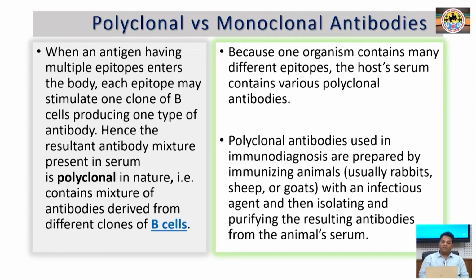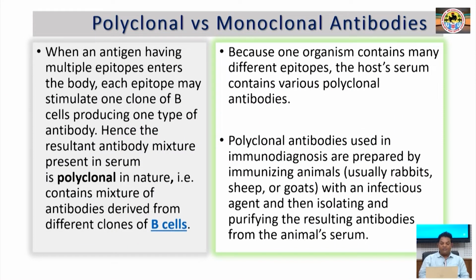B cells are available in our plasma, and they are responsible for producing a special type of antibody against that particular type of epitope. If it is having one epitope, it can produce one antibody. If it is having two or more, then it can produce multiple antibodies. So, overall responding cells are B cells.